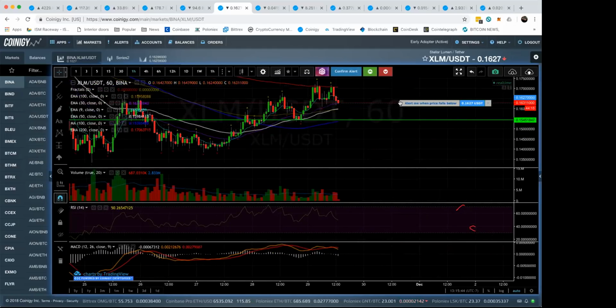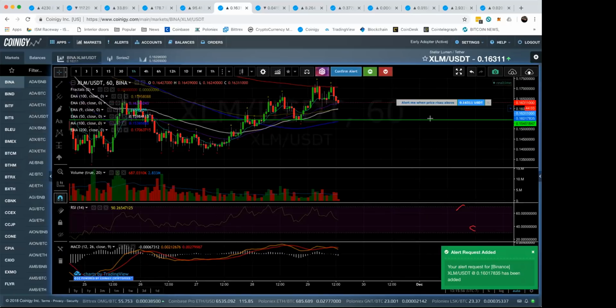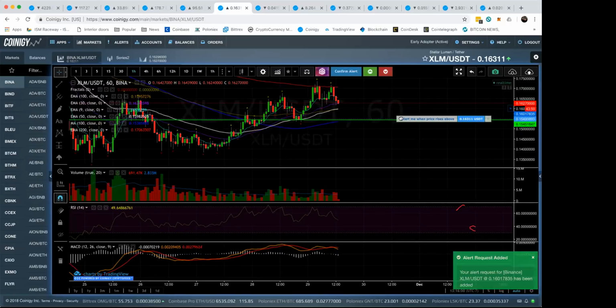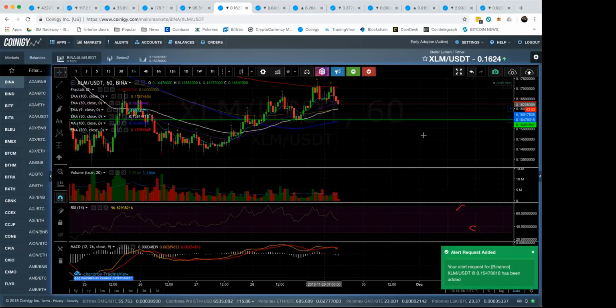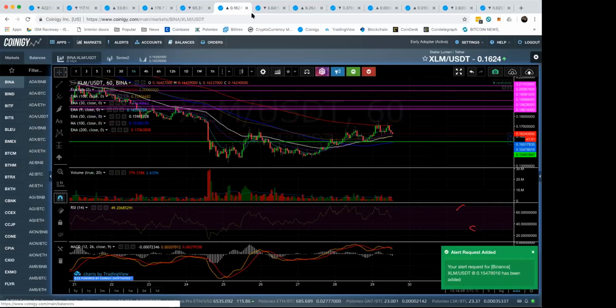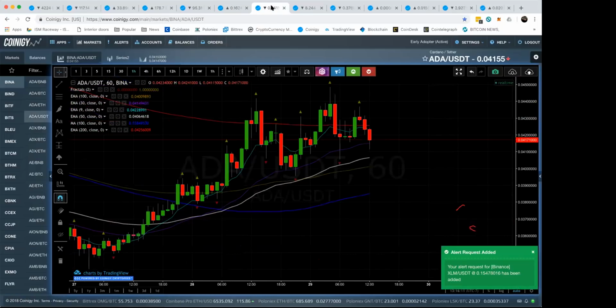I'm going to put an alert on the 50 because I'm pretty sure we're going to head down here, and I want to see how well this works as support like it did in the past. Then I'm going to put another alert down here in case we do lose the 50. More than likely, we're going to see the old support catch the price action. Those are things you guys need to look at as well.